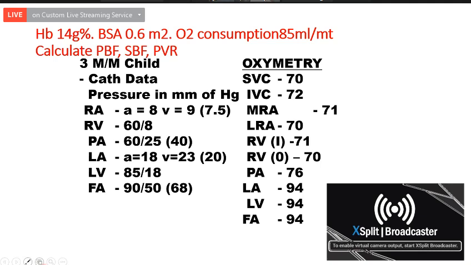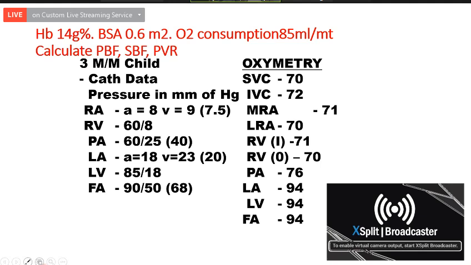Okay. The QP is calculated from the formula oxygen consumption divided by arterial oxygen difference. That will give you the pulmonary blood flow.